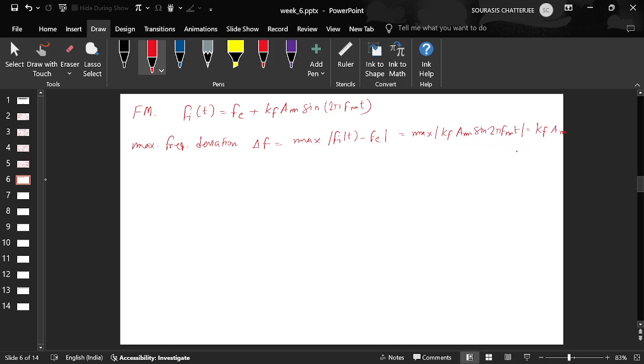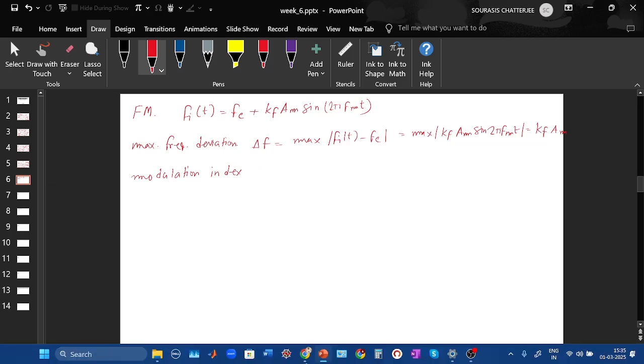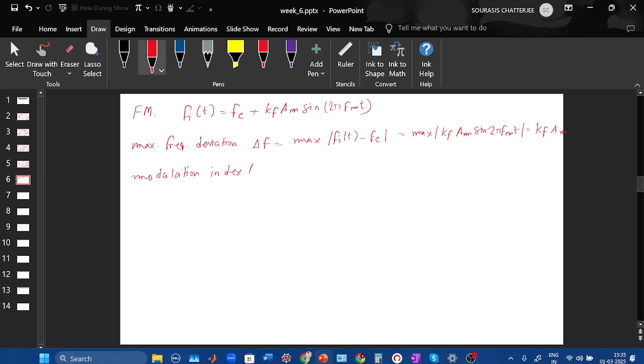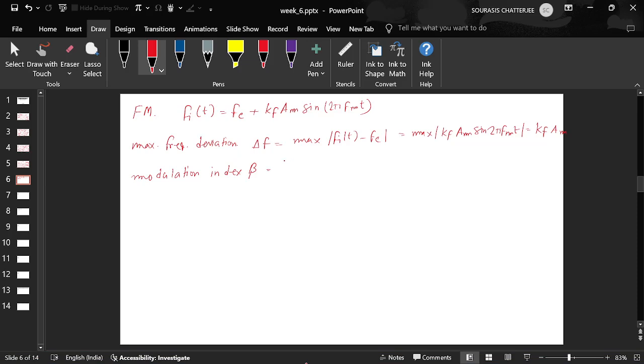So this is going to be your maximum frequency deviation for the frequency modulated signal, and similarly your modulation index, that is given by beta, is del f over fm, that is kf Am over fm, right?